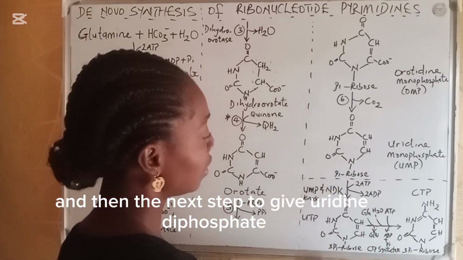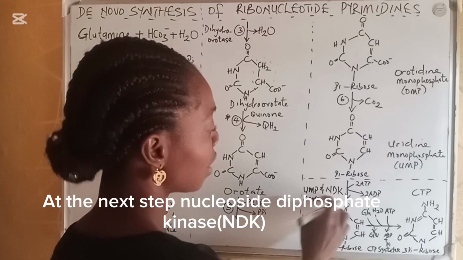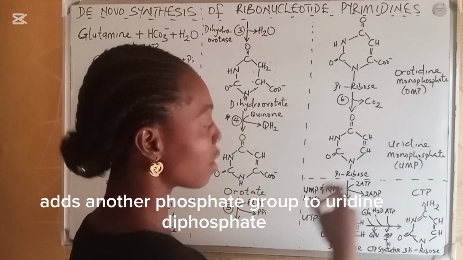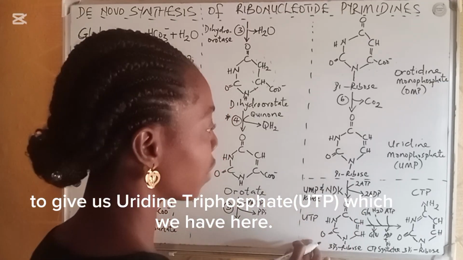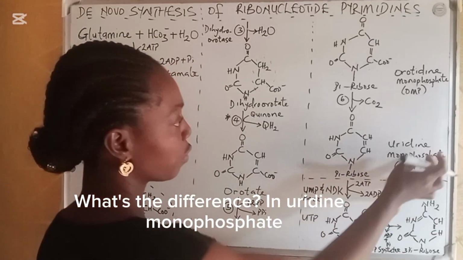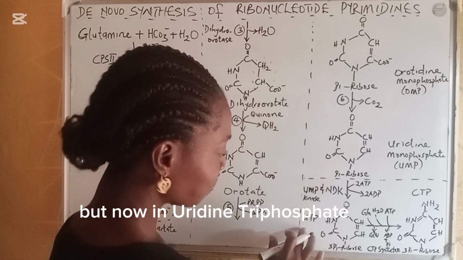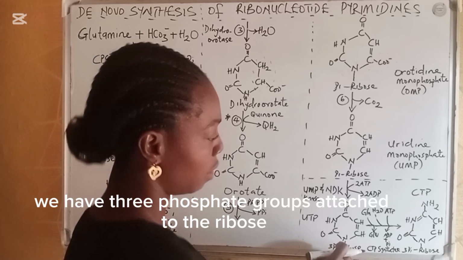And in the next step, nucleoside diphosphate kinase adds another phosphate group to uridine diphosphate to give us uridine triphosphate, which we will have here. What's the difference? In uridine monophosphate, we have just one phosphate group attached to the sugar, but now in uridine triphosphate, we have 3 phosphate groups attached to the ribose.